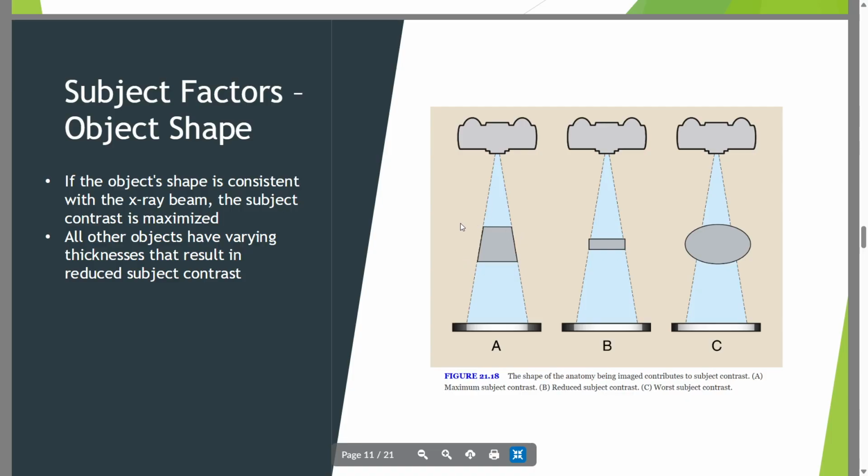So it would be a perfect kind of contrast. It's as high contrast as it's ever going to be. However, the varying thicknesses depending on the shape of the object will result in contrast being higher in certain areas and lower in other areas. So overall kind of reduced contrast because of the attenuation that happens within those tissues that the beam has to penetrate.